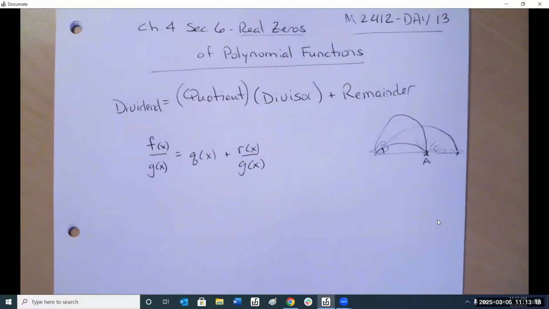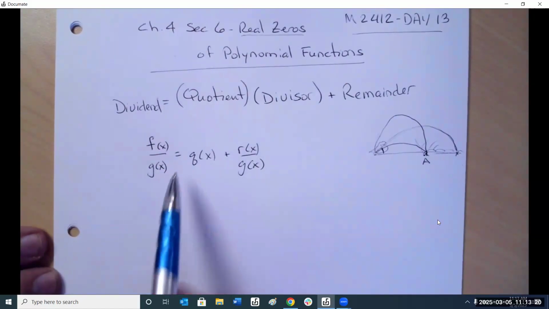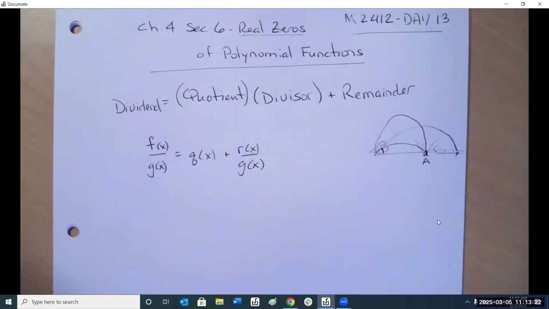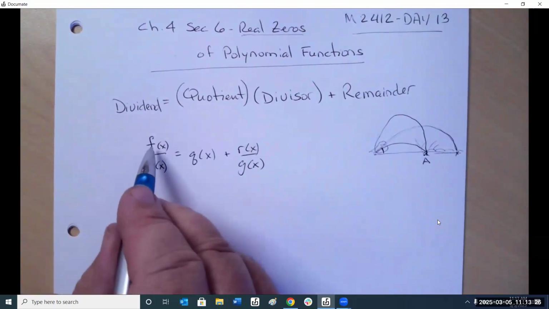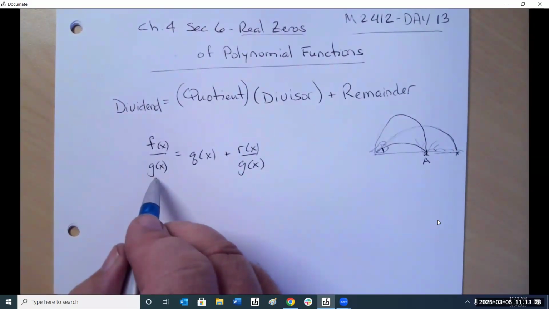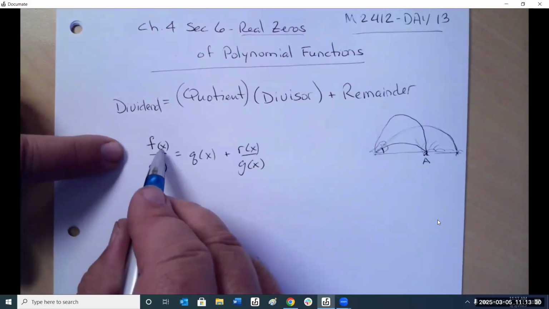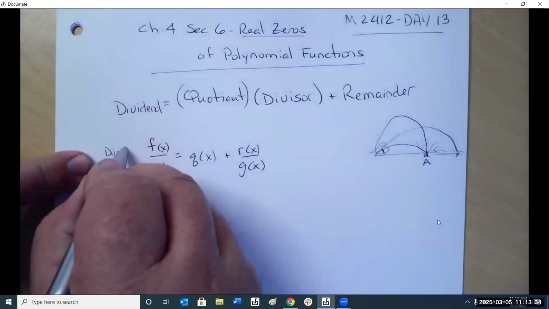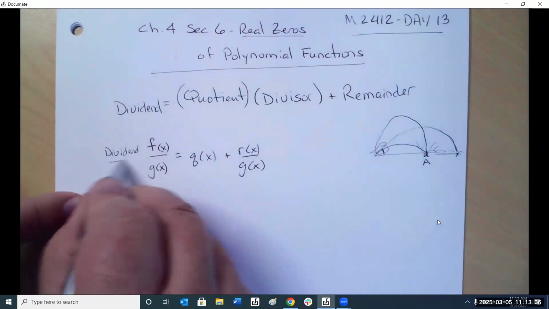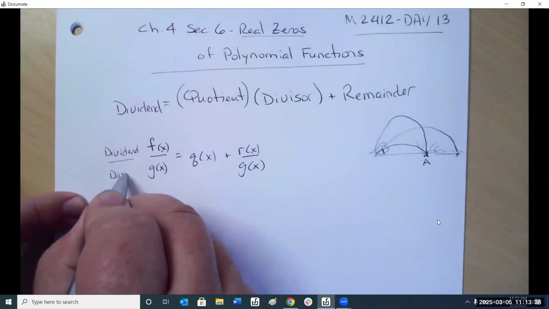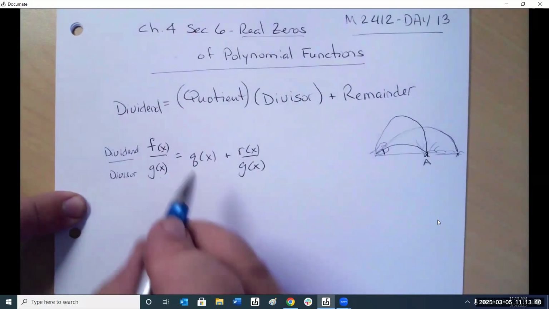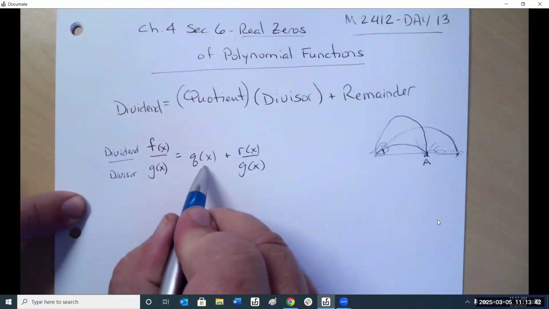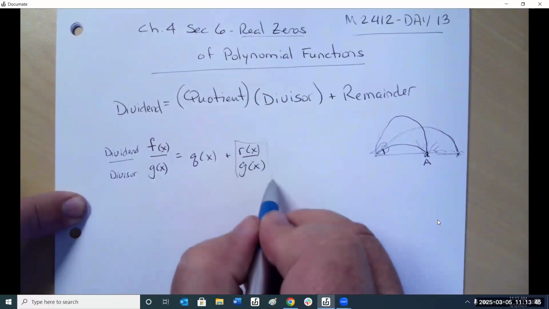So here's how we have it. We're going to look at fractions in a little bit. When you look at a fraction, you have the numerator and the denominator, which is the dividend and the divisor, equals the quotient plus the remainder.